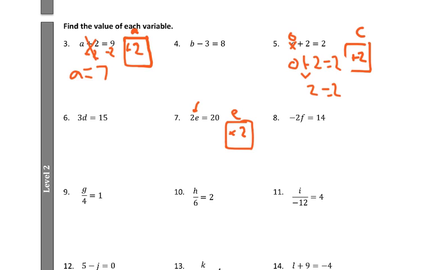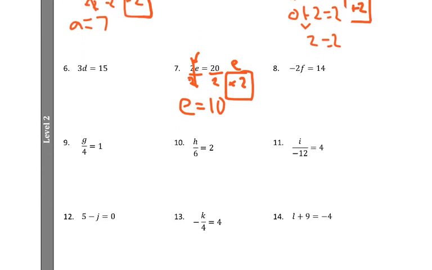The way to undo that is to do the opposite of multiplication, which is to divide by 2. So 2E divided by 2 equals 1E, and 20 divided by 2 equals 10. E equals 10. And that totally makes sense because 2 times 10 equals 20.